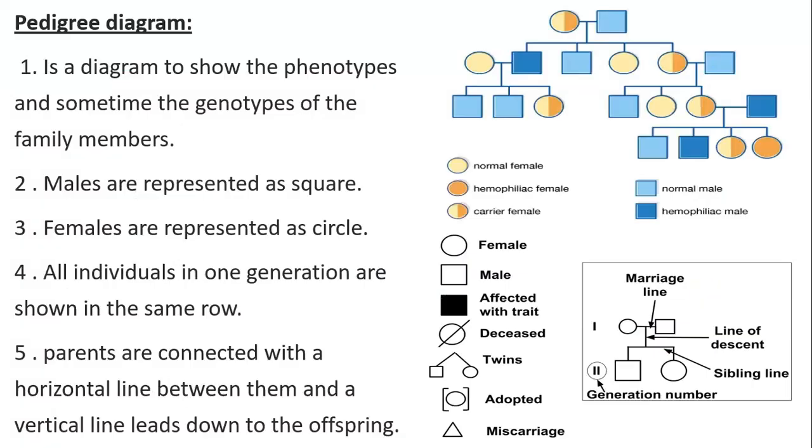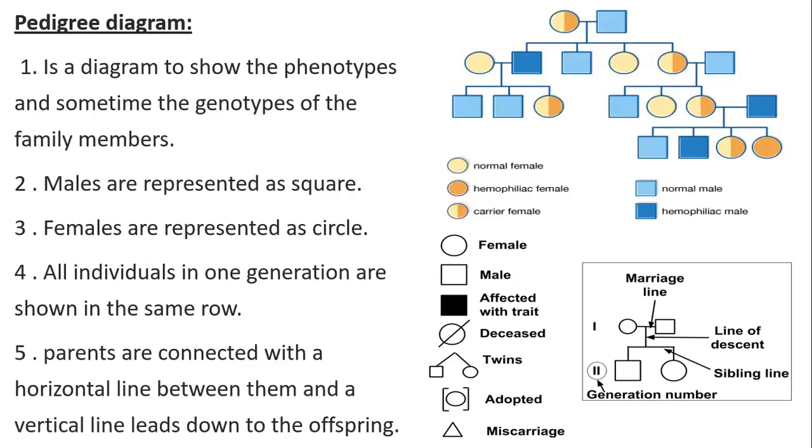What's a pedigree then? Those were the ways we predict what could be the outcome of this crossing, while the pedigree is explaining to you or showing you how families inherit a specific trait, or what happened in real life. What happened in this family specifically?